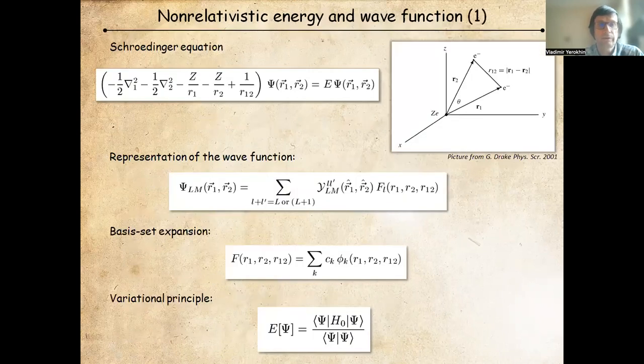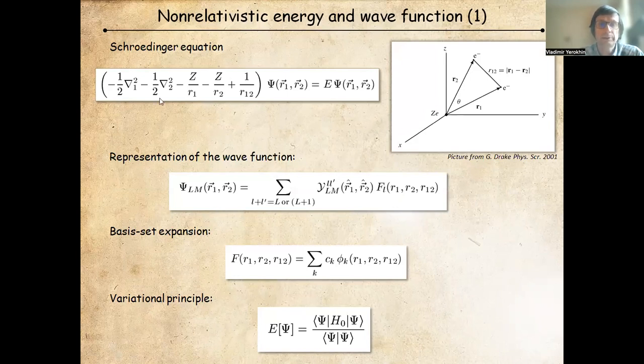So the basis of all is the non-relativistic energy and non-relativistic wave function, which are obtained by solution of the Schrödinger equation, which contains the Coulomb interaction between all three particles. Today we can solve this equation very, very efficiently.